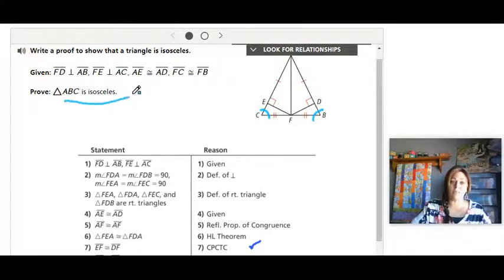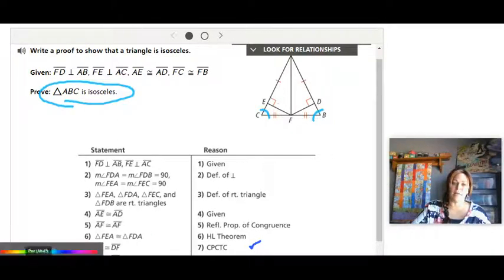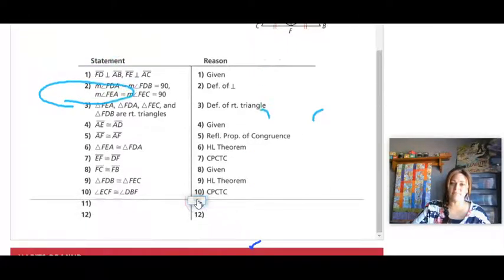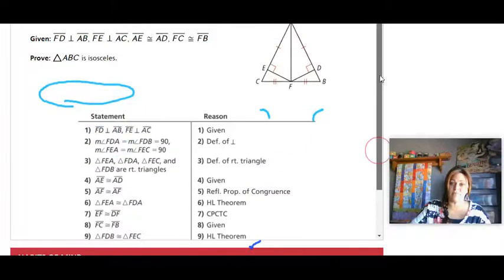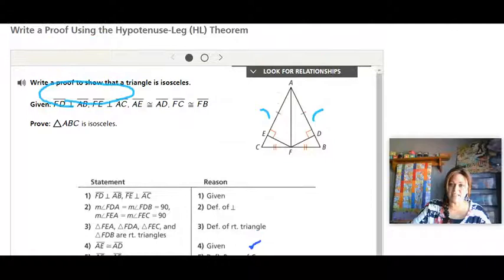And remember, we're proving that this huge triangle is an isosceles triangle. And I know base angles are congruent right now, those two base angles. Remember, we did that rule a while back. So let's slide down. The converse. If we know those angles are congruent, then we know by the converse of isosceles triangle, these side lengths are congruent.